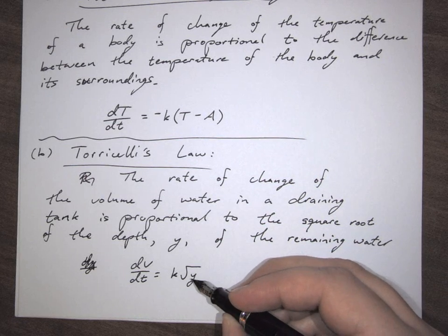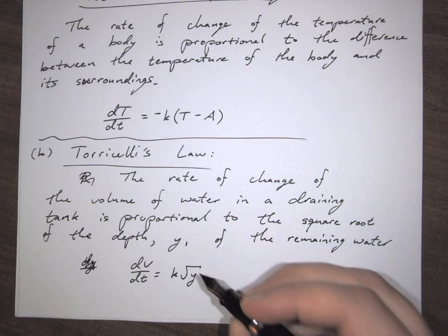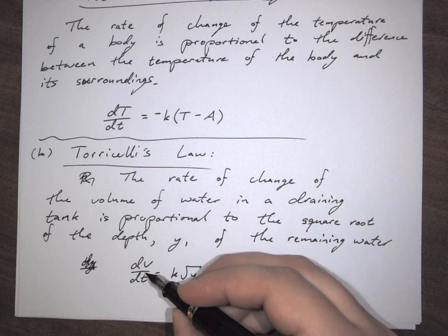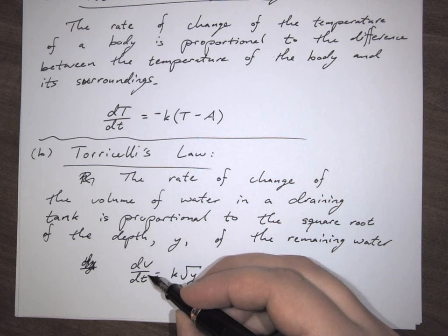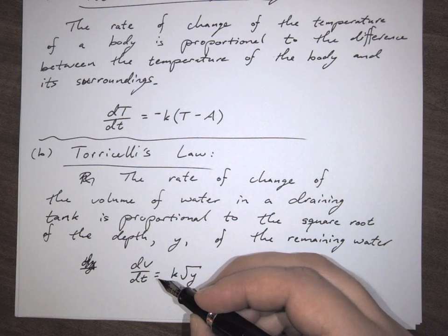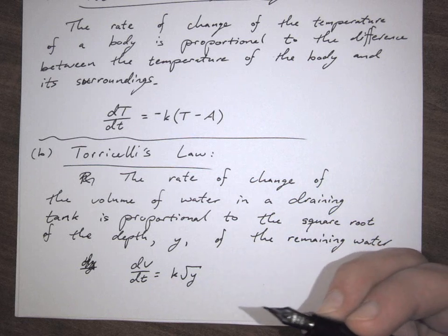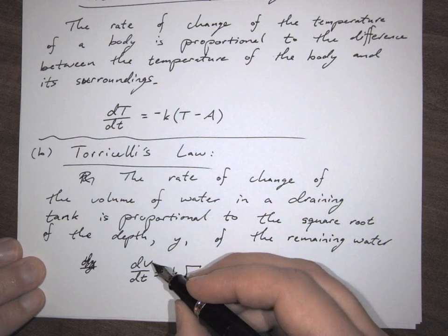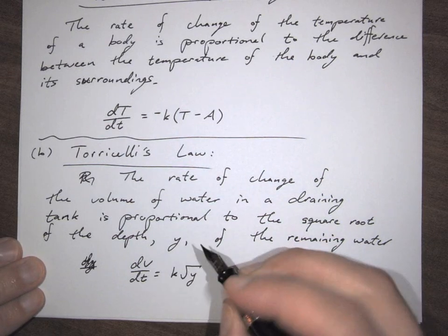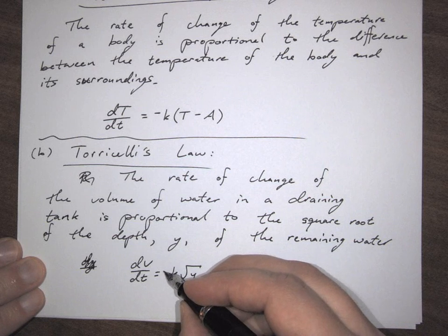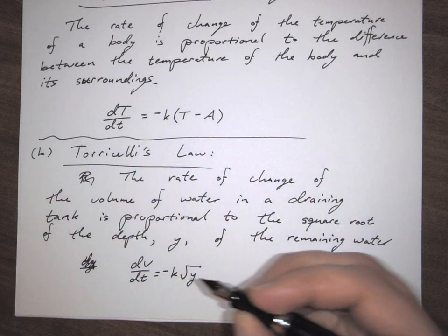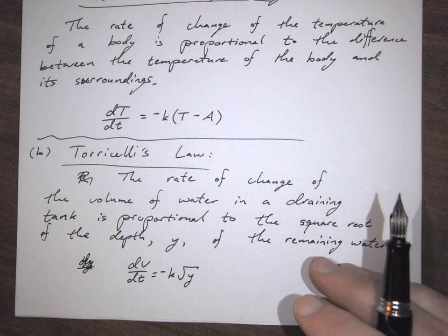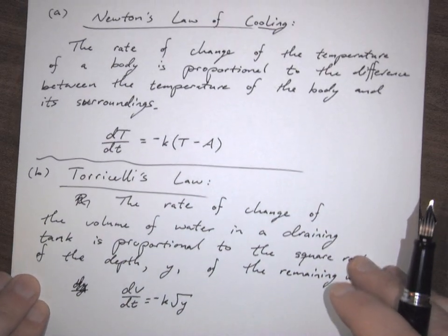As the depth goes from greater to lower, the rate of change of the volume is going to be getting less and less. Actually, scratch that. The way I should word this is the volume is always decreasing, because it's draining, and so it's going to be negative K square root of y. All right, so that's another example.